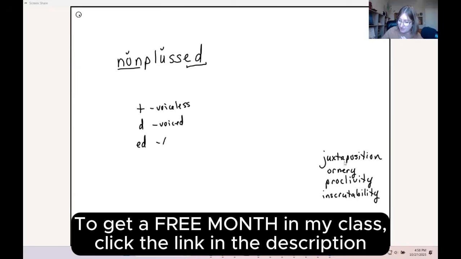And this sounds like ed. This voiceless sound comes when the letter before it is also voiceless. This voiced sound, d, comes when the letter before it is also voiced. And this ed sound comes when the letter before it is a T or a D. So because this ed is coming after a voiceless sound, it's going to make its voiceless sound and say t.